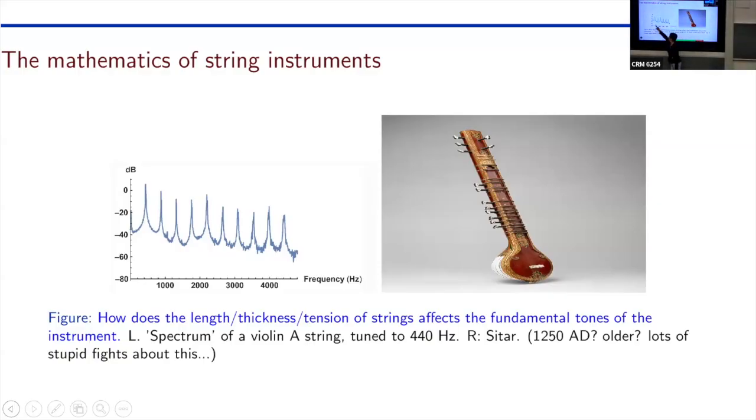You see that there's these little peaked bits in the graph. The lowest frequency is what we might call the fundamental tone. The next one is a harmonic, and so on. And by changing the tension in the strings or the density, musicians know that you can change the spectrum or the sounds or the harmonics on a string.